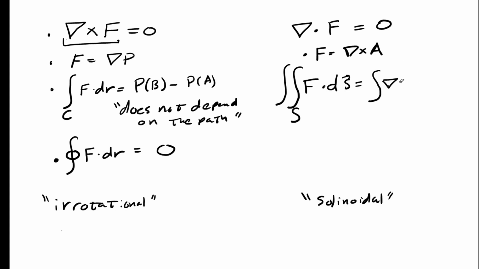Let's see, how do I want to write this? I will write it like this. A dot dr over c.